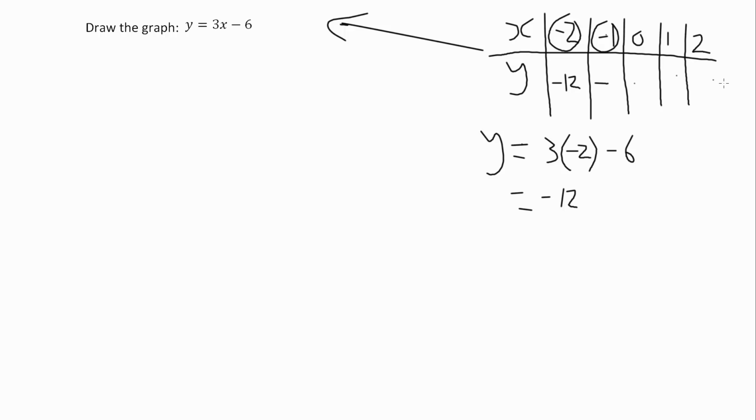Now doing that method takes a bit of time, and I've noticed students make simple calculation mistakes when they sub it back into the formula.